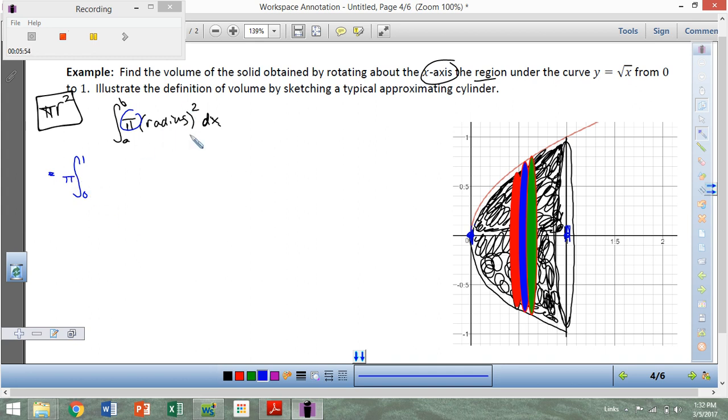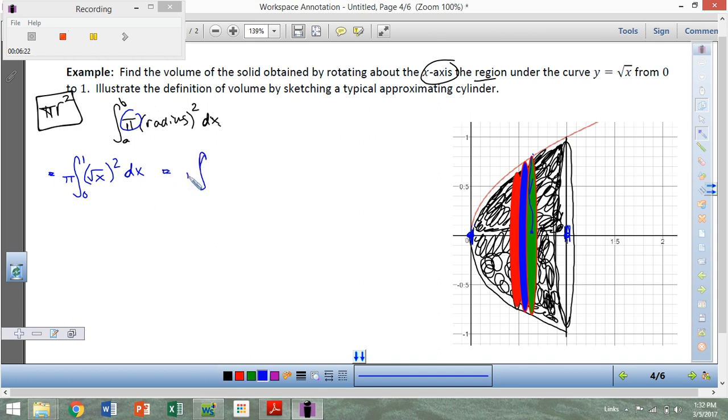Then I just have to figure out the radius and square it. The radius of each of these circles is just from the x-axis to the height of the curve, which is just the function. This is going to be the case most of the time. I'm going to square that, and then multiply by dx.